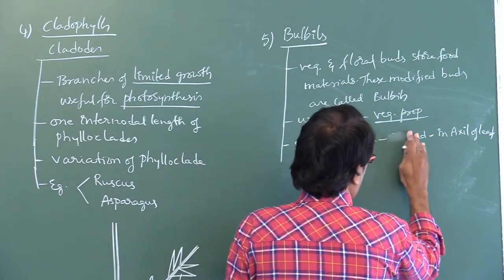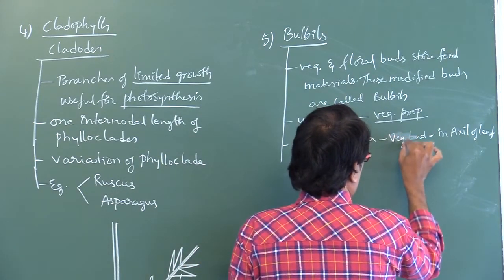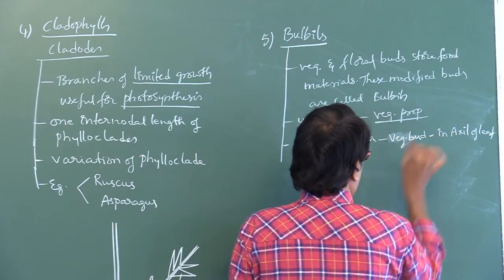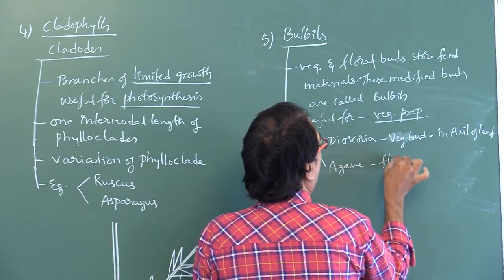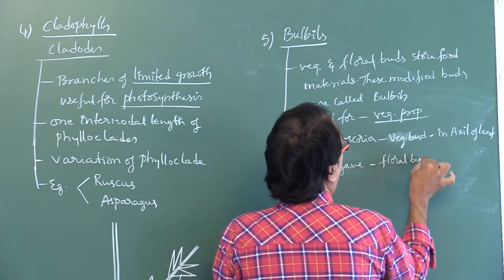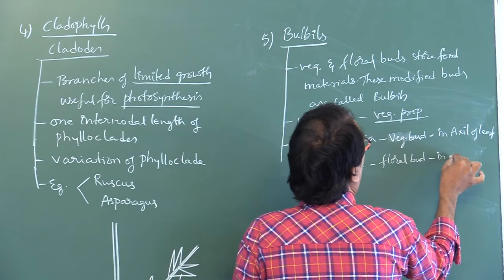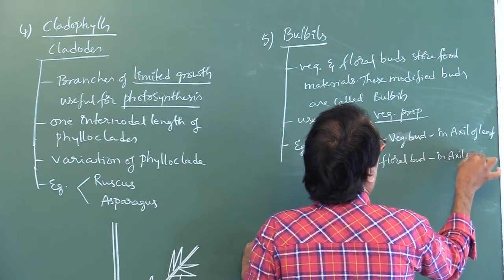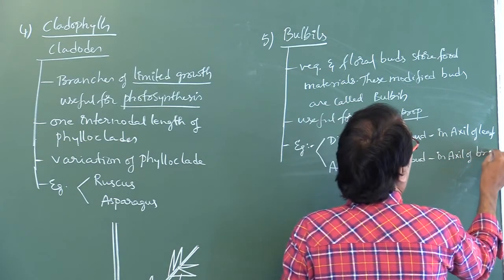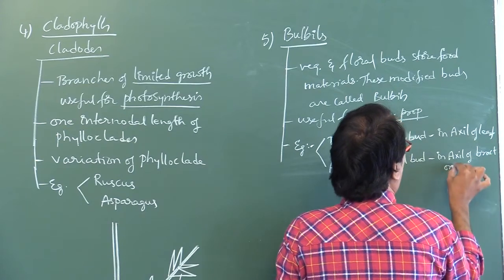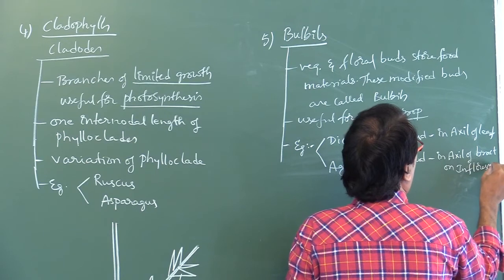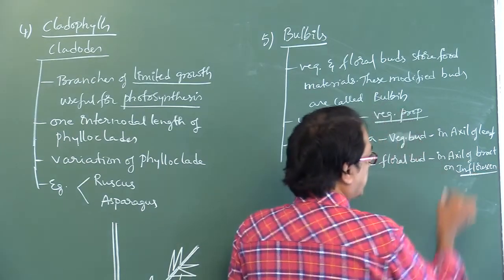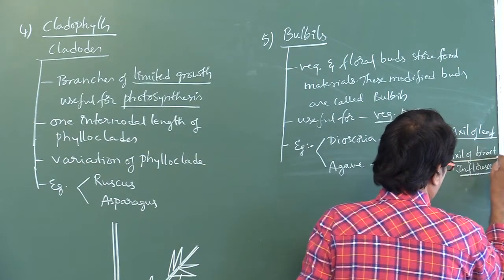That is, here axillary bud is nothing but vegetative bud, whereas in agave, floral bud in axilla of bract. In the axilla of leaf, in the axilla of bract.